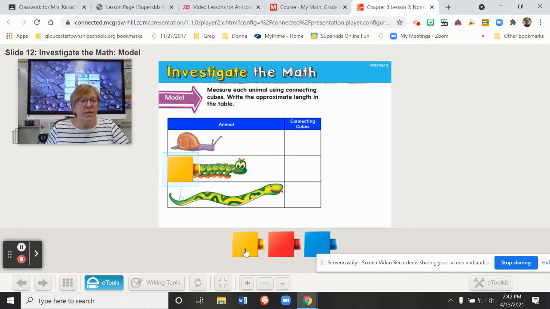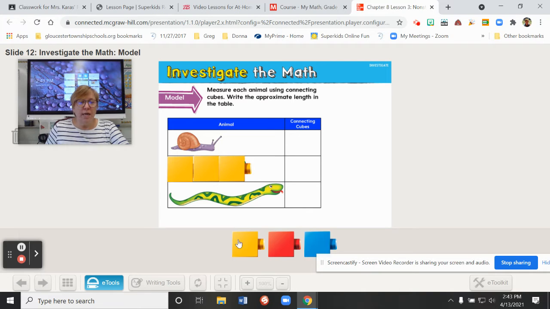When I do it, I have to make sure they're connected and they line up. You could almost put some together and then count them, or you could do it one at a time. So when I put it, it's the approximate length. For this, I would say it's approximately 3 cubes, okay?